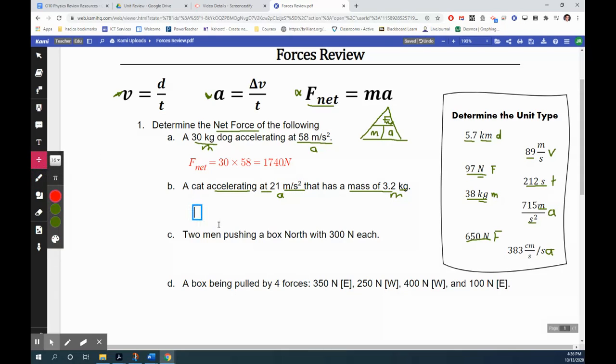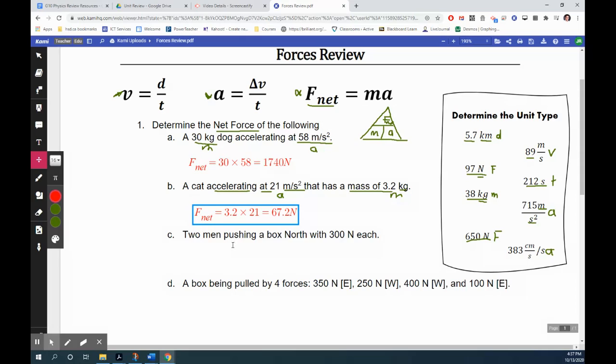And so we're going to use our formula, which is F net equals our mass, which is 3.2 kilograms, times our acceleration, which is 21 meters per second squared. So we got 21 times 3.2, and we get 67.2 newtons. So it doesn't take that much force to get this thing accelerating compared to a 30 kilogram dog, 10 times the mass. It takes a lot more force to do bigger acceleration.